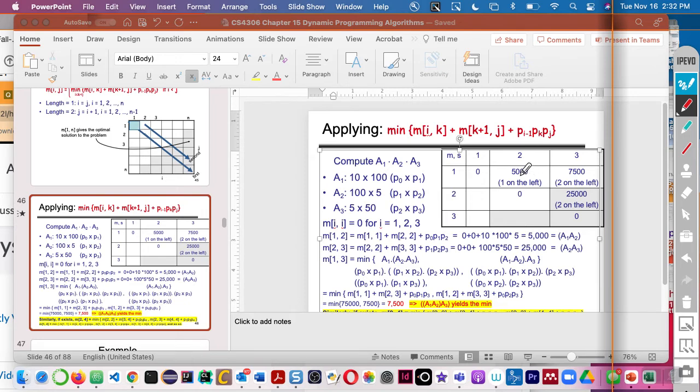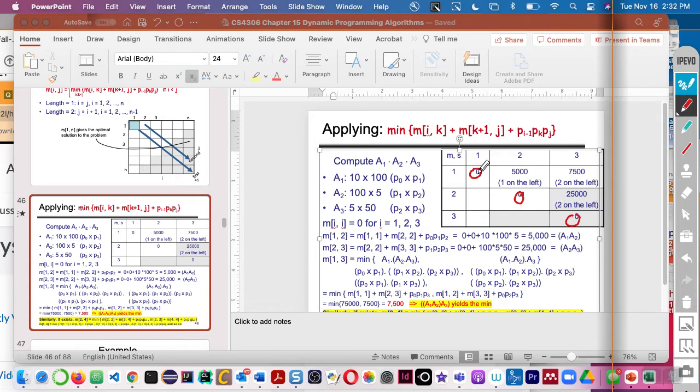And when we pick only the A1 matrix, there is no multiplication yet, right? Whenever we just pick a matrix, A1, it is not multiplied by anything, so no multiplication is needed. When we pick A2, it is the same thing, and when we select A3, no multiplication is needed.